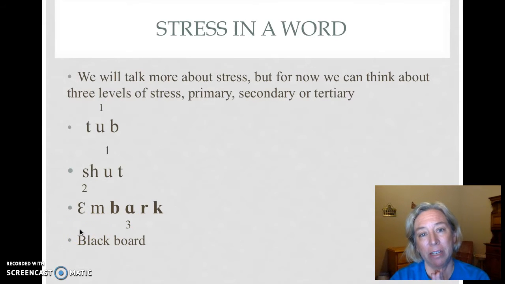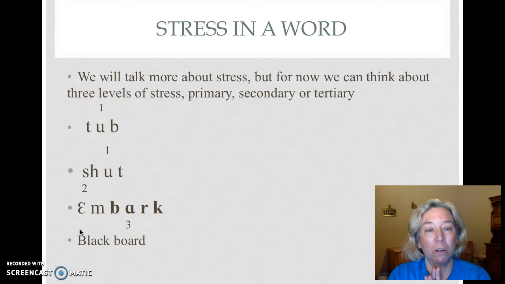Now, tertiary stress is just a little more difficult to comprehend and conceptualize. Basically, from what I understand, tertiary stress happens when there's a secondary level of stress, or a third level of stress, but the vowel in that case has not been shortened.